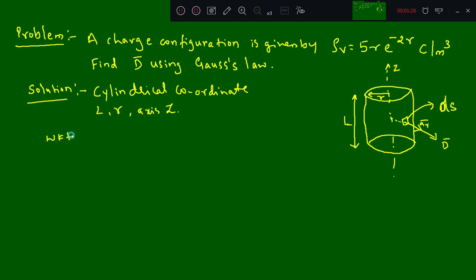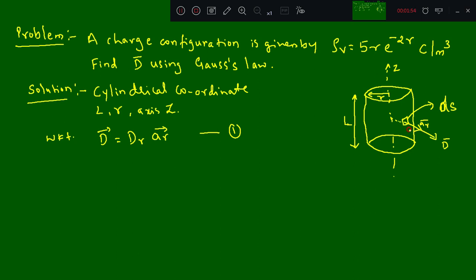We know that D is equal to D_r into a_r. Okay, this be the equation number 1. Then we have the small differential area dS, and its normal is in the direction a_r.